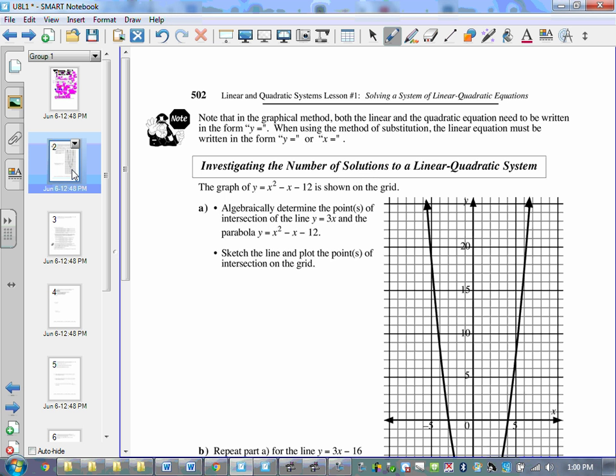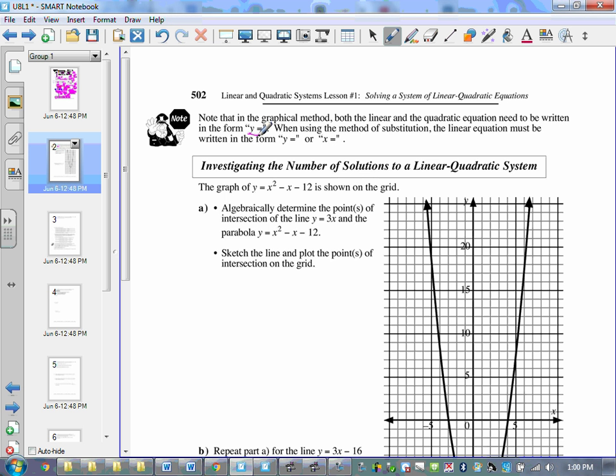Okay, so we got a little note here that in the graphical method, both the linear and the quadratic equation need to be written in the y equals form. When using the method of substitution, the linear equation must be written in the form y equals or x equals. Did you guys want to go over the method of elimination? I guess we can do that with this one.